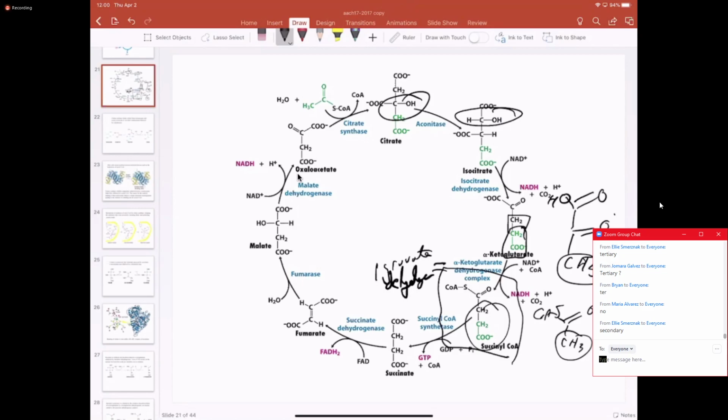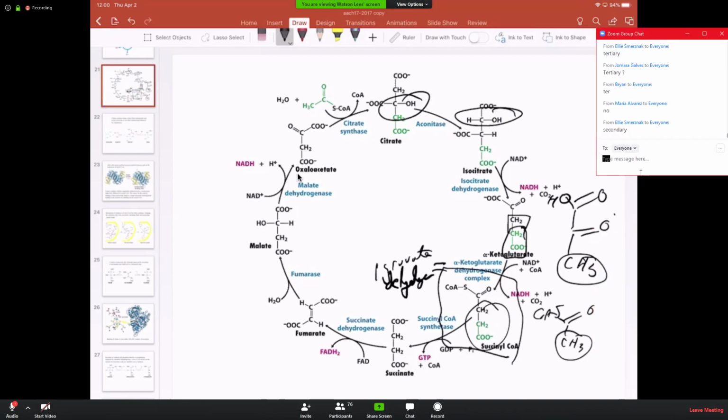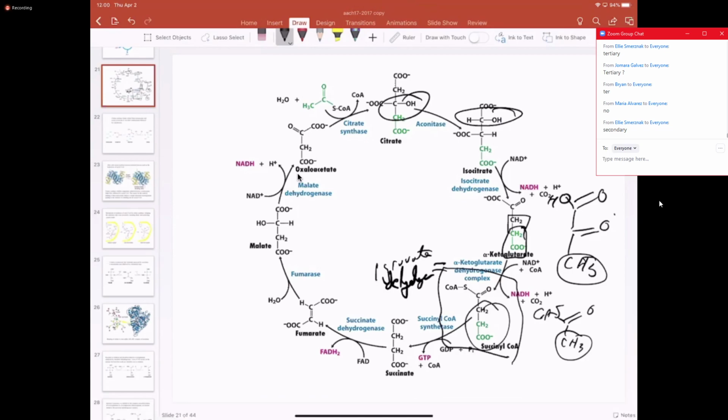Once you get to succinate, again, you want to generate these high energy electrons, so you make FADH2. It turns out that succinate is not reducing enough to be able to reduce NAD down to NADH, but it is able to reduce FAD down to FADH2. And that's why you don't use NAD, that's why you use FAD.